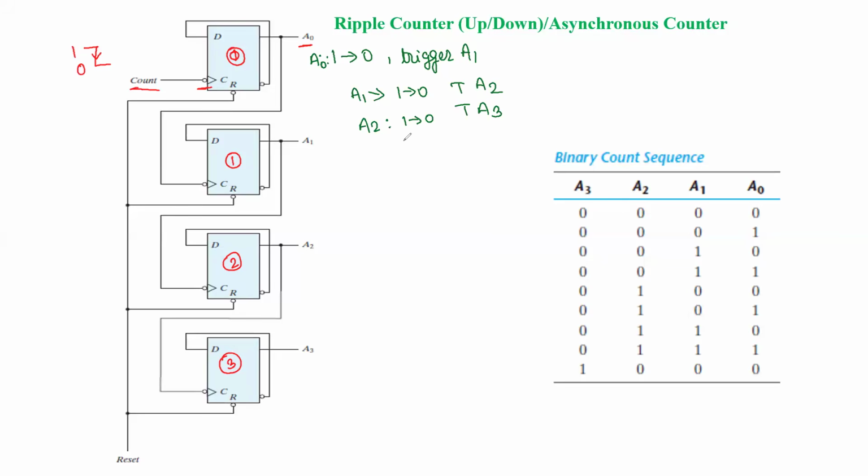If it is changing from 0 to 1, then it will not trigger. We have to keep this in mind, as the later discussion will be based on it. Whenever these outputs change from 1 to 0, only then are they capable of triggering the successive flip-flop.